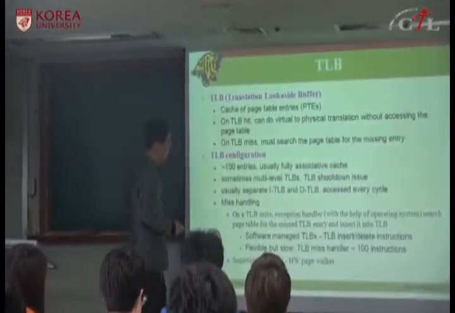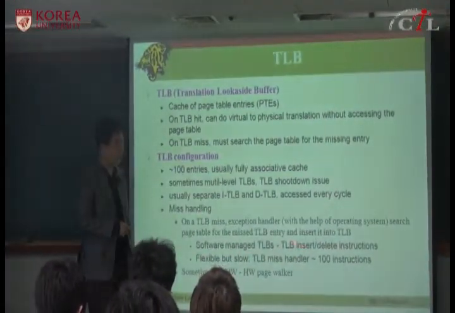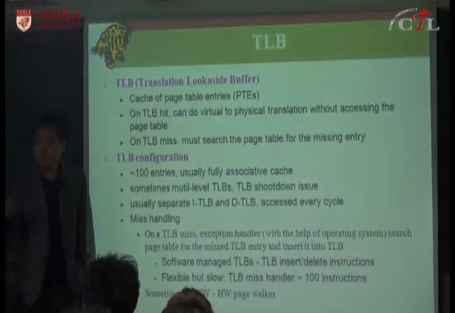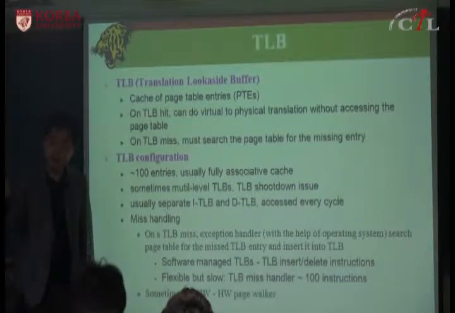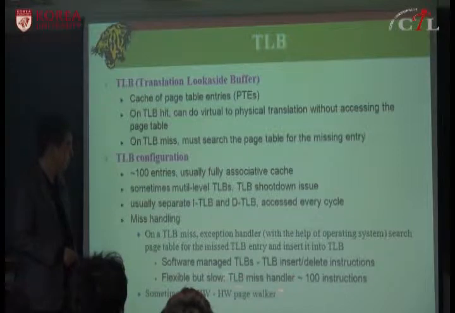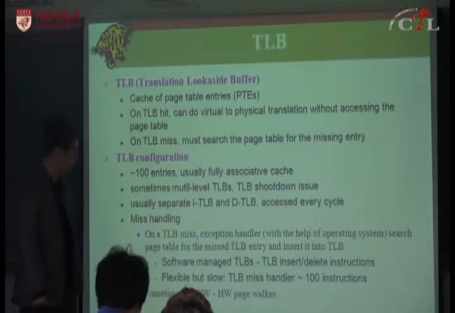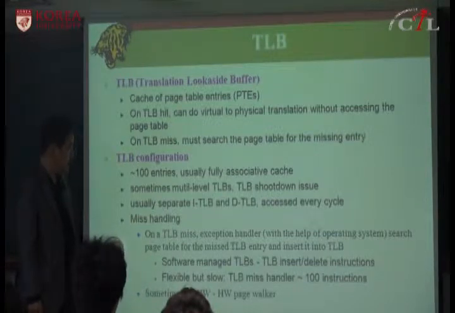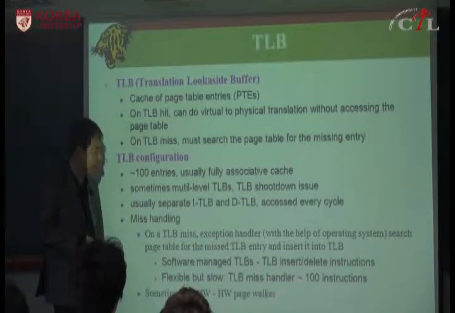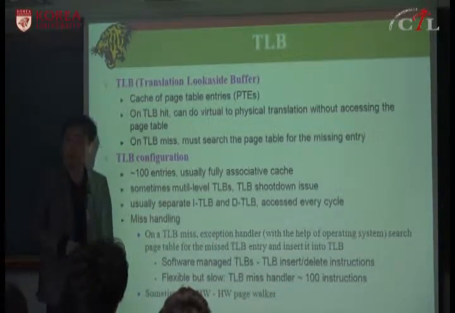So TLB, since it's managed by the software, there is a hardware machine instruction called TLB insert or delete instruction. Because on a miss, you want to insert an entry, or you can delete. The TLB miss handler is usually about 100 instructions, something like that. And so every time you do a TLB miss, it has some overhead. To accelerate this, sometimes they implement a hardware page walker.